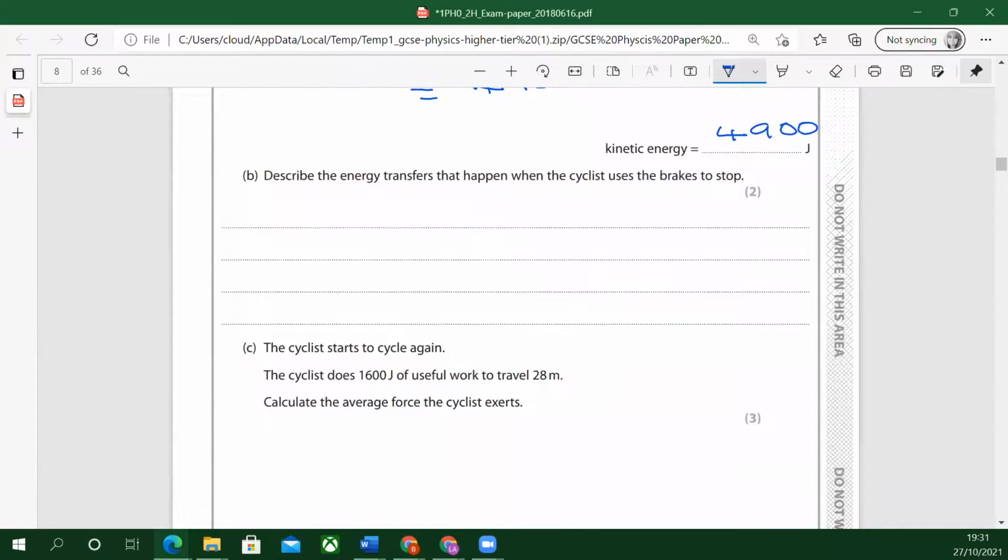Okay, describe the energy transfers that happen when the cyclist uses the brakes to stop. So if it was moving, it's obviously got kinetic energy first of all. So kinetic energy is transferred to, think about it, brakes get hot, remember, so definitely thermal energy there, isn't it?